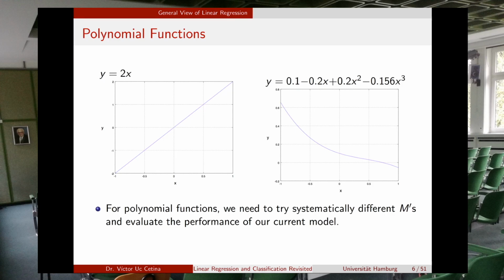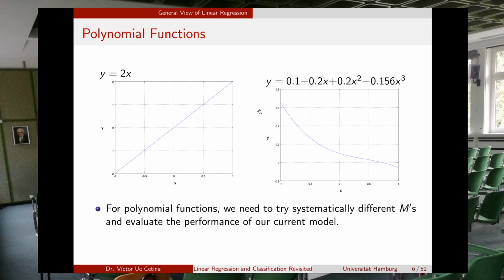We don't know from the beginning, just by looking at the data, what is the best model that is going to solve our machine learning problem. So in this case, we need to try different degrees of polynomials.